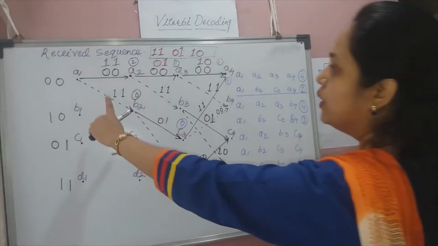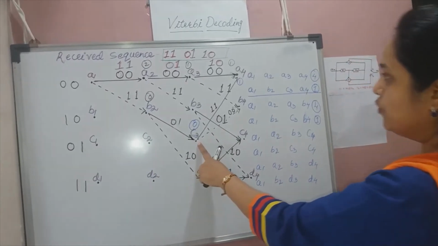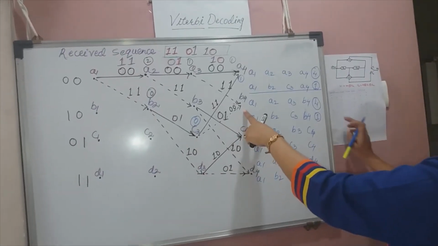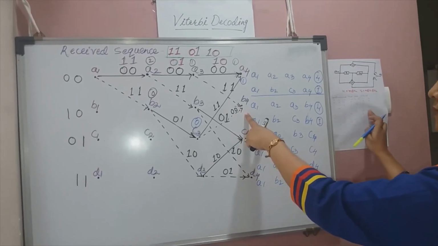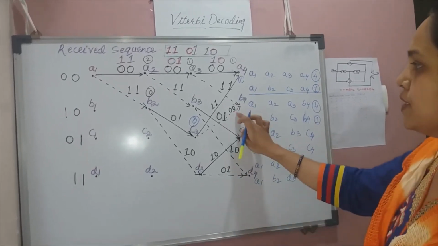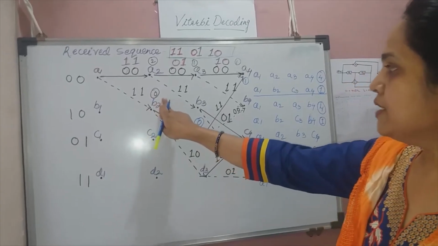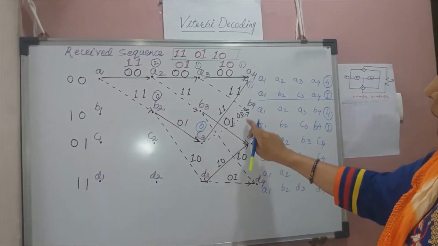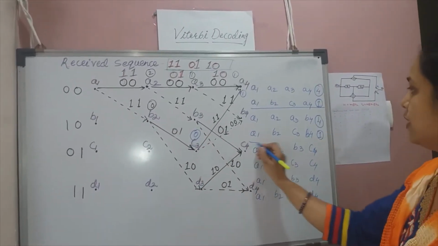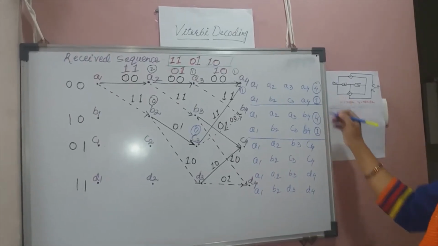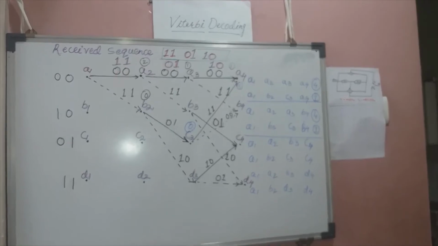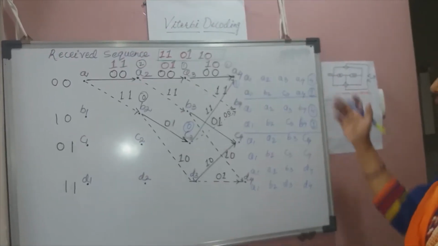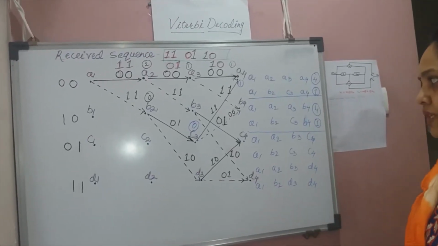So here we are going from state 0 1 to state 1 0, and the output here is 0 0. So the weight is 0, 0 and 1, that comes out to be 1. So you can select these two paths as the minimum metric paths, considering that all other paths have higher metrics.